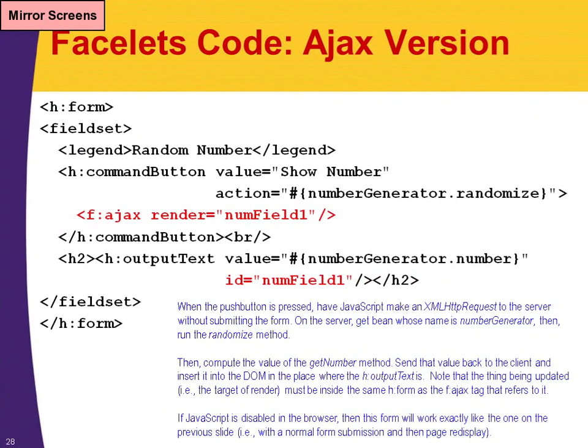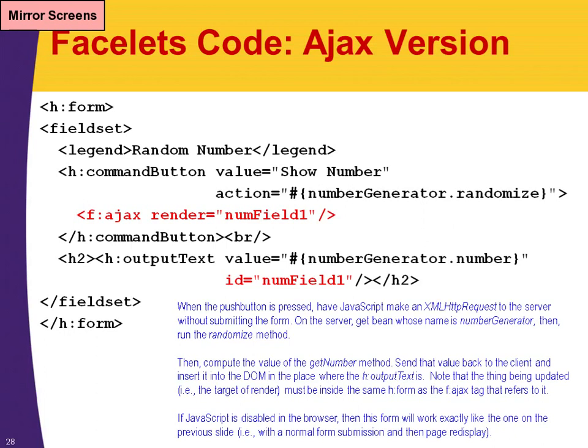Now, if you take the Ajax version of this, basically you're going to say do the same action except render the num field. So you can get the same effect without having to reload everything else on the page.